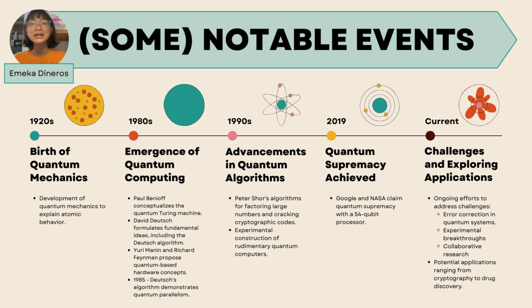Then, during the 1980s, the intersection of quantum mechanics and computer science began to manifest. Paul Benioff's conceptualization of the quantum Turing machine laid the groundwork for exploring computation through a quantum lens. Concurrently, David Deutsch, a physicist, formulated fundamental ideas in quantum computing, including the development of the Deutsch algorithm, which provided one of the earliest demonstrations of quantum parallelism and marked a significant milestone in quantum algorithm design.